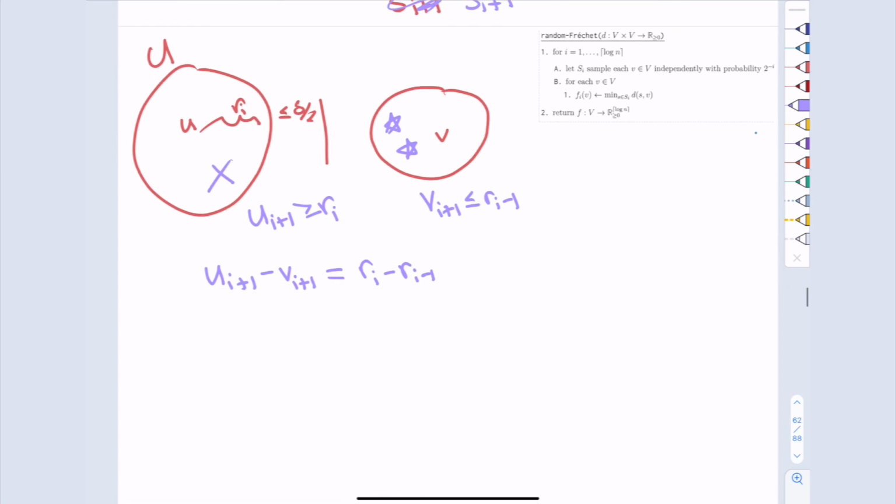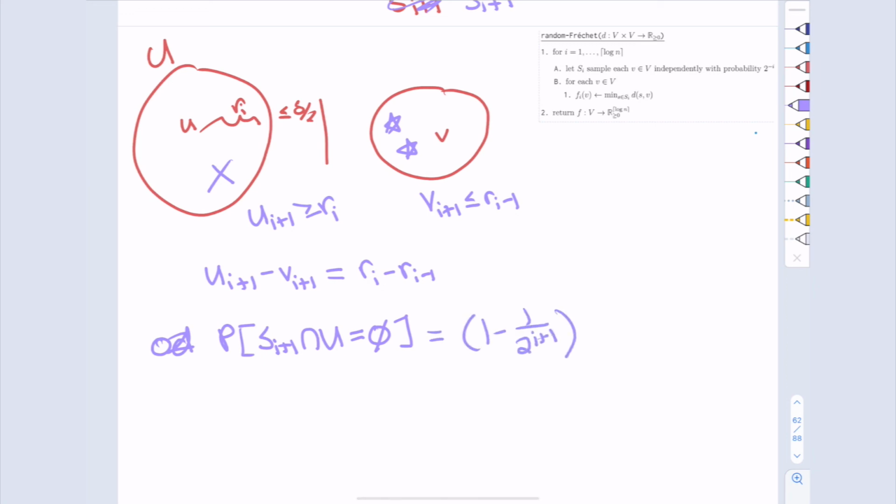The probability that S_{i+1} intersect U is empty: we sampled each point with probability 1 over 2^(i+1) or something like that, so you get (1 minus 1 over 2^(i+1)) to the power of at most 2^i points. This is at least a constant, like e to the minus 2 or something.